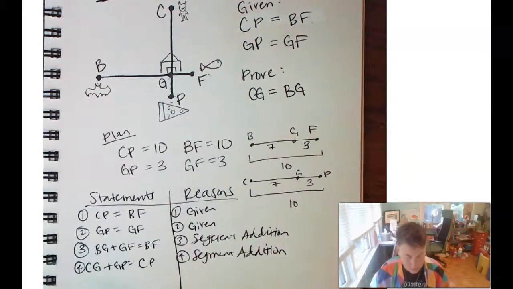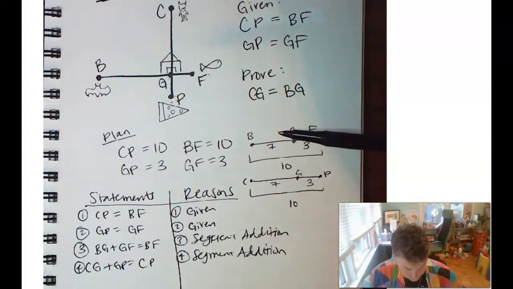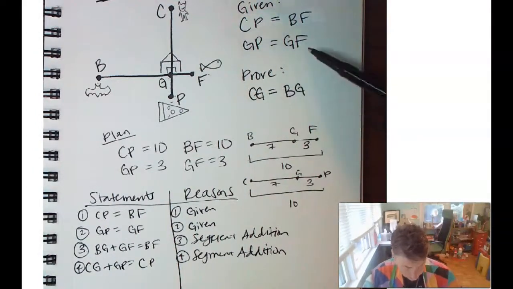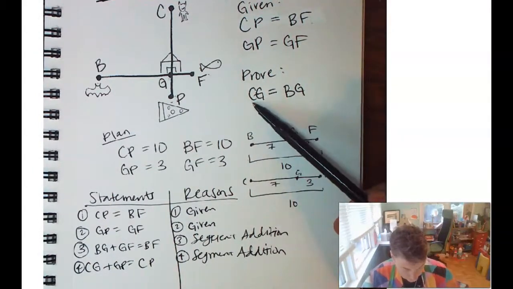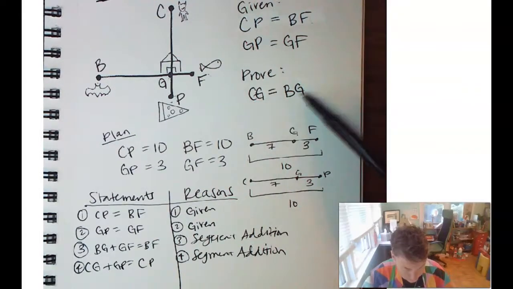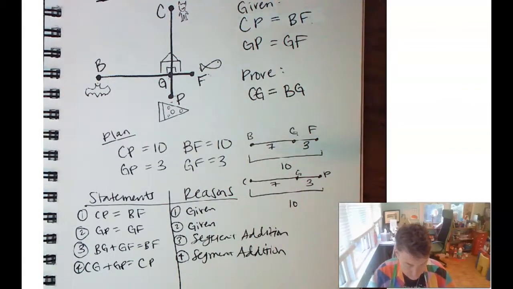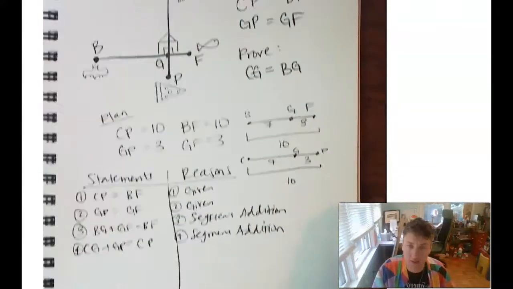Now we're trying to get down to CG equals BG. Interesting. Okay, let's see what we can do here.